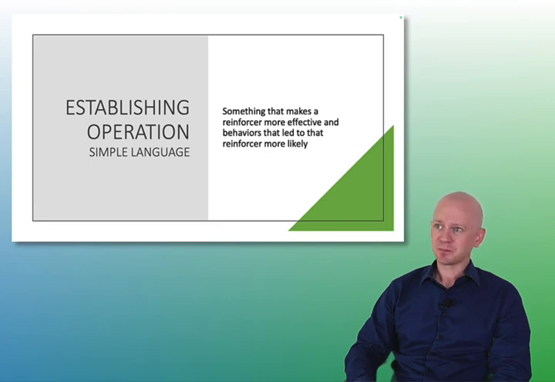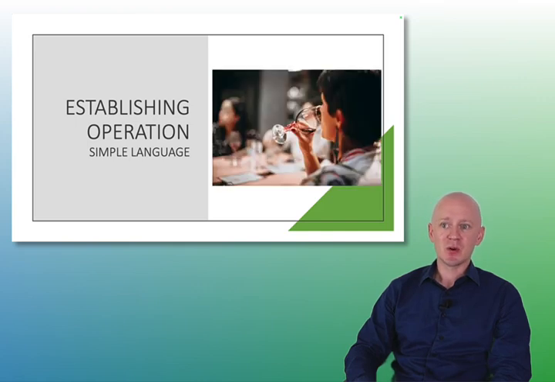In simple language, it's something that makes a reinforcer more effective and behaviors that led to that reinforcer more likely. So for example, if you wanted to obtain wine and you didn't have access to wine for a while, that would probably increase the reinforcing effectiveness of wine and increase the likelihood of all behaviors that have led to you accessing wine in the past.